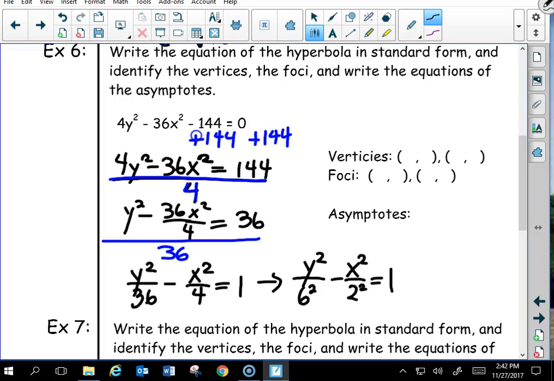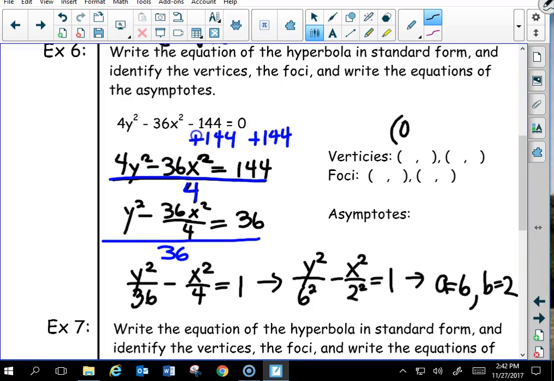And I can identify a and b here. a equals 6, b equals 2. And that allows me to write my vertices. My main axis, since y squared is listed first, is going to be along the y-axis.